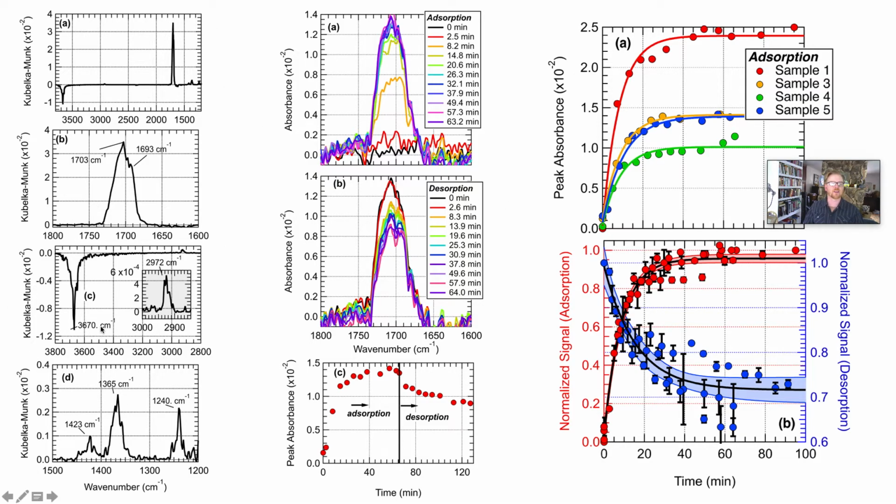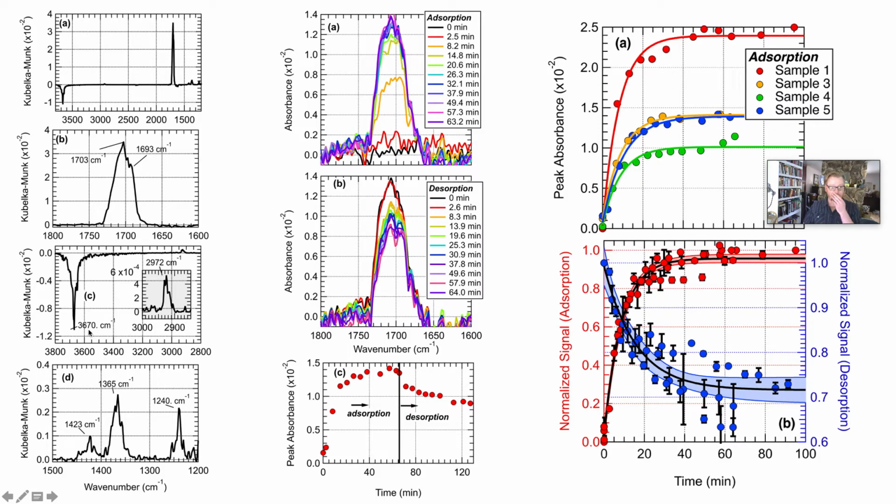Over here on the left, all of these spectra in black are the survey spectra. What we did was flow gas phase acetone over the surface of our metal oxide, and these spectra show that it actually stuck. So we have simultaneously a negative peak and a positive peak.